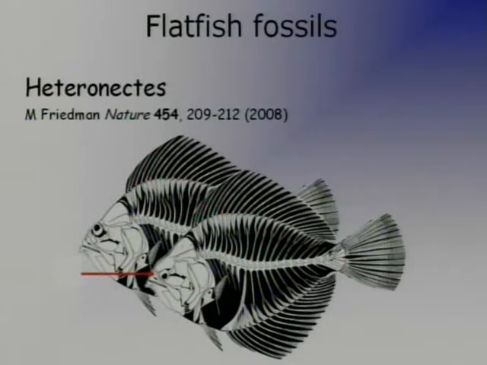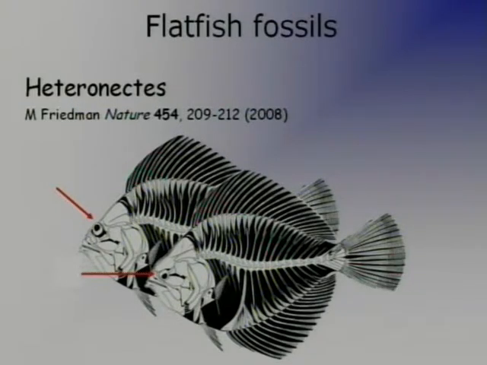On one side, the eye is more or less in the normal place. On the other side, the eye is very near the top. There's an eye on each side, but it's asymmetric. The orbit region of the skull is strongly asymmetrical, as the author said. What's most remarkable is that it hasn't completely gone round to one side, but it looks fairly like an ordinary flatfish except for that.